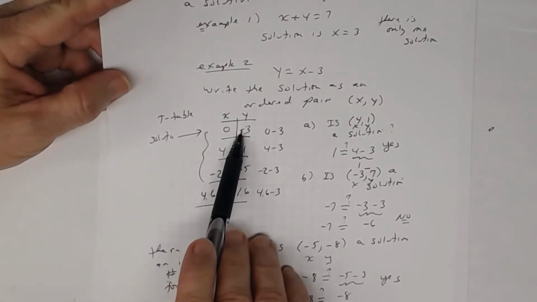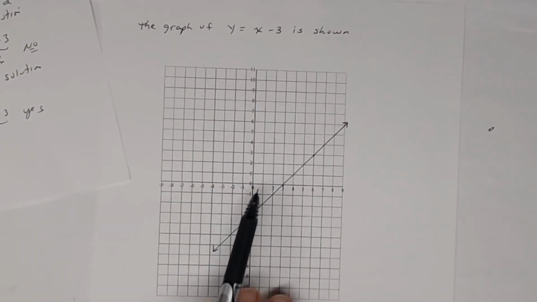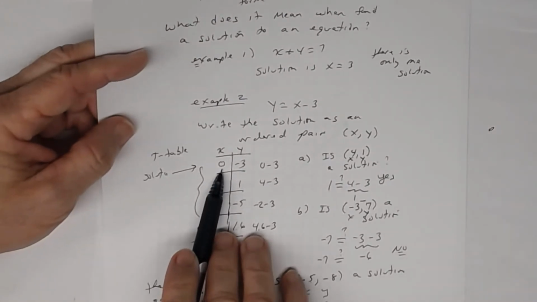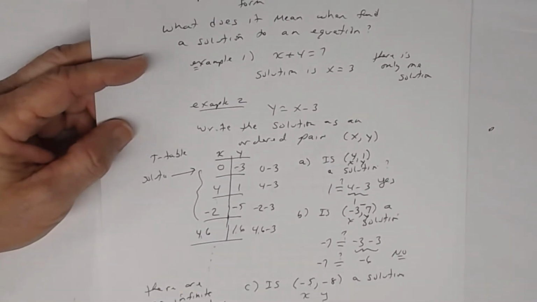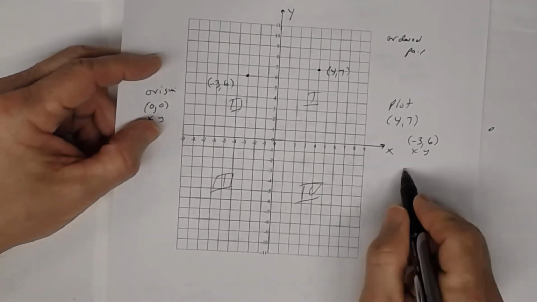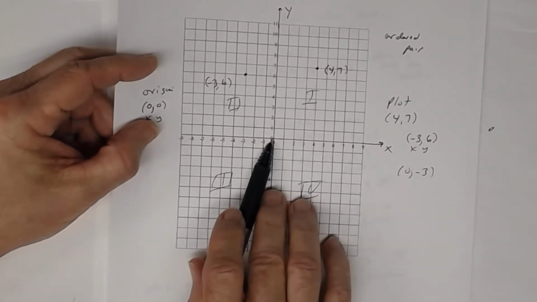That's a solution, right? So if I look at this plane right here, and I plot the point (0, negative 3), remember how to plot that. (0, negative 3) means, see, x is 0, so that means you stay at the origin.